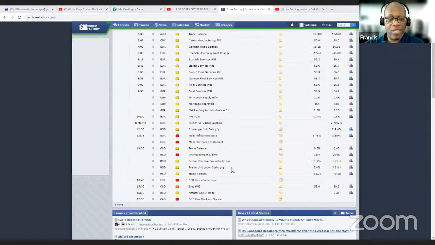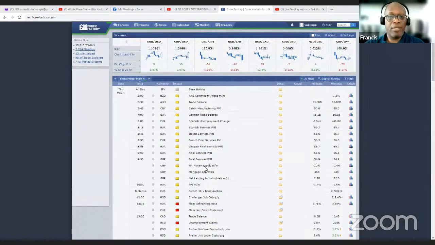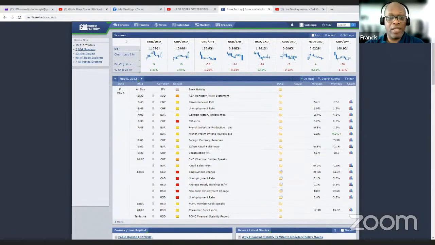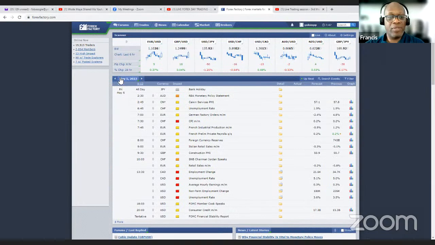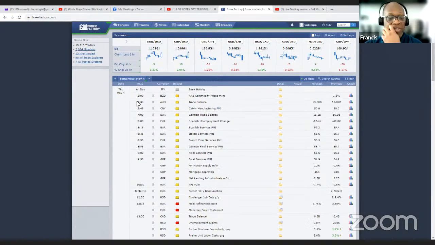Let me see if it's here. Okay, maybe next week, so we don't spend too much time. But the UK interest rate news is going to be taking place not too long from now, because that's what tends to happen once we get the US one out of the way.